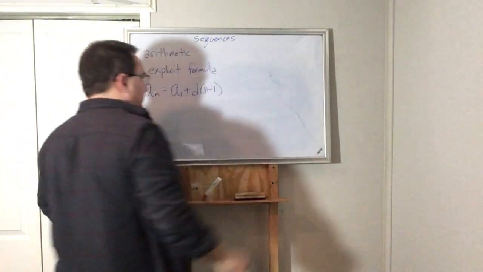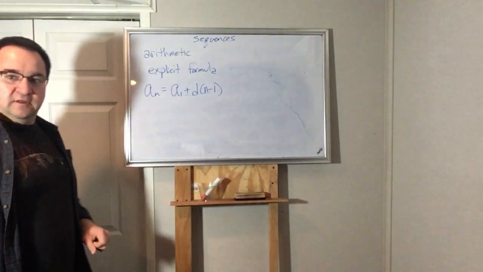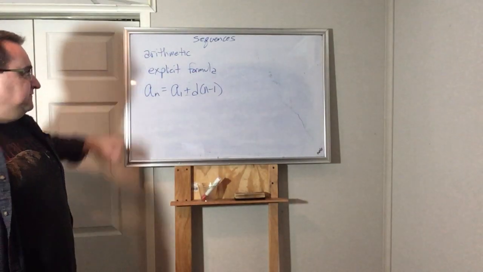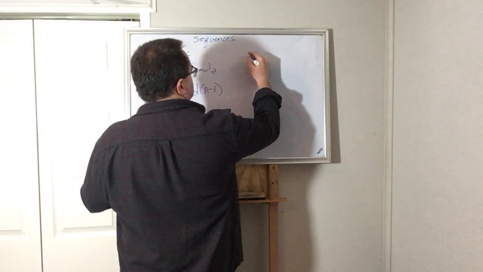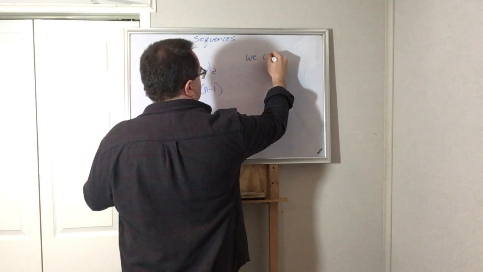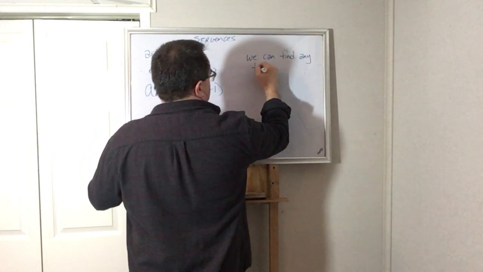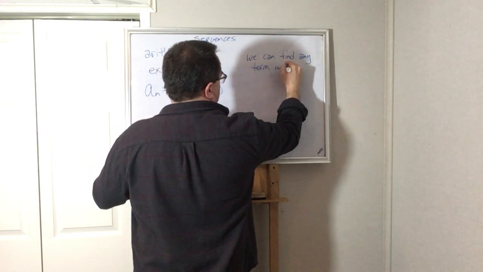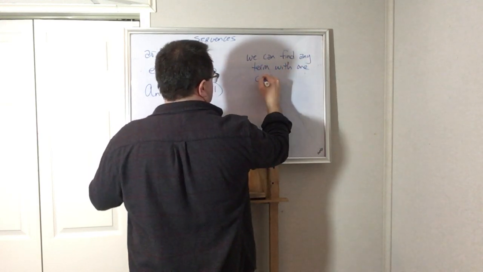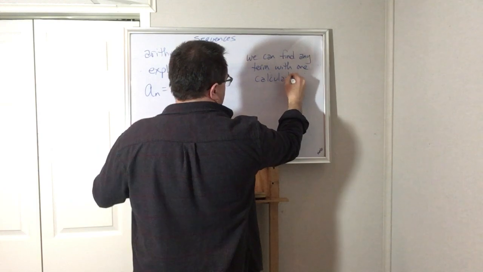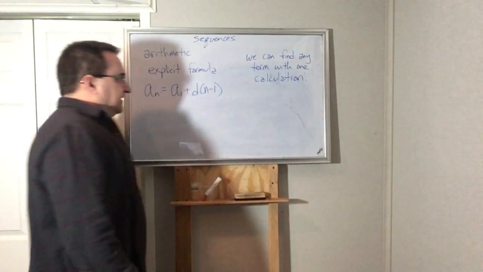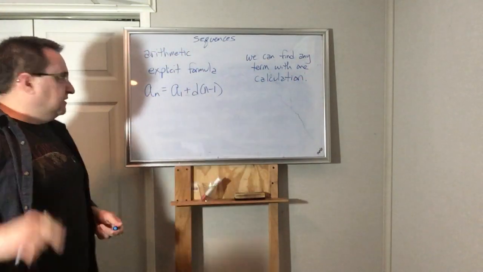And there's something called a recursive formula. I'll list that after. So an explicit formula lets us find any term we want with one calculation.